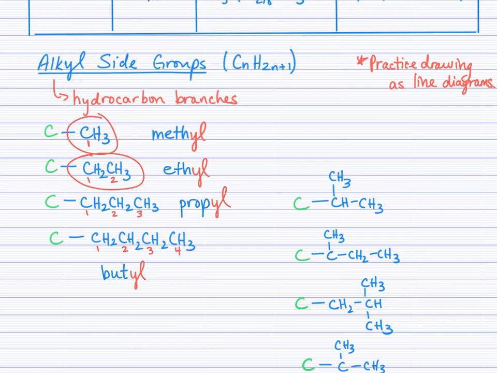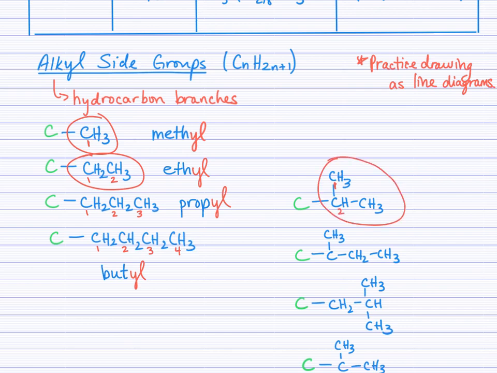Okay, so that seems fairly straightforward. That's the normal version of these alkyl side groups. Now, is there more than one way to attach a propyl group to the parent chain? Well, you'll notice here when we named the propyl side group that I had carbon 1 attaching to the green carbon. Look how I've drawn the 3 carbon side group for this side group.